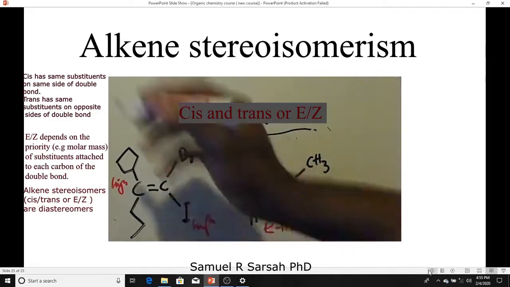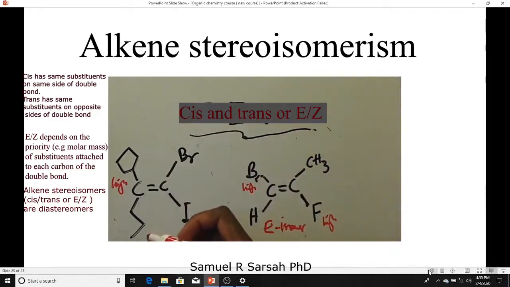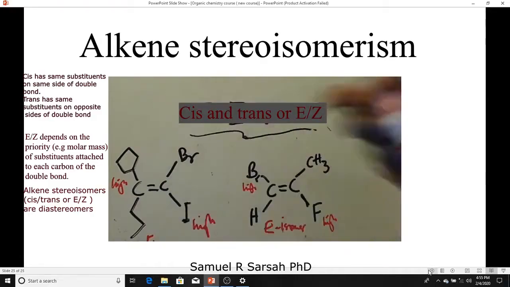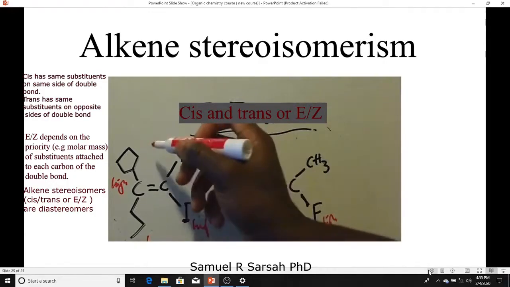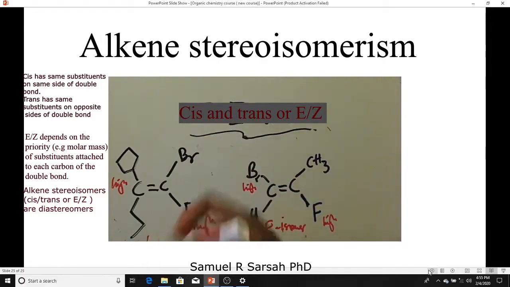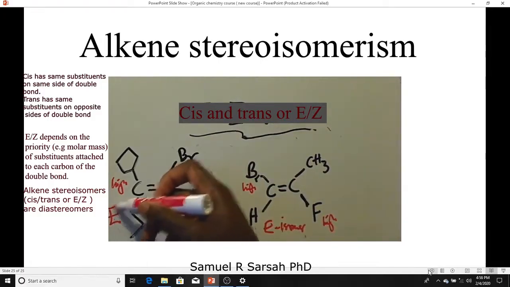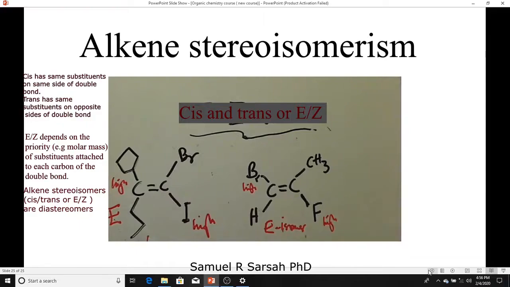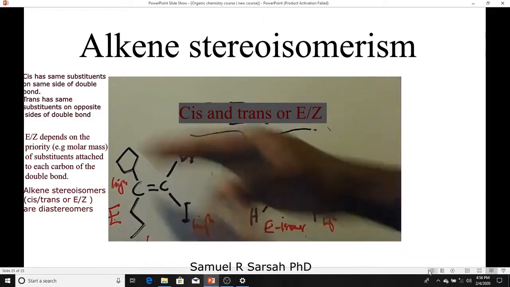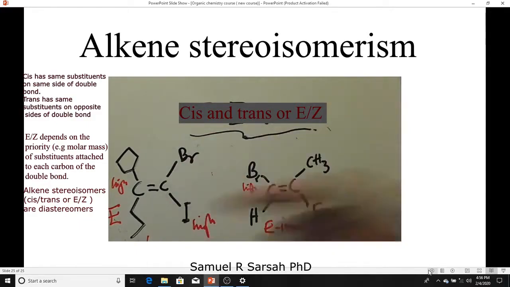So again, this is an E because the groups of higher priorities are on opposite sides. This is E because high priority groups are on opposite sides of the double bond.